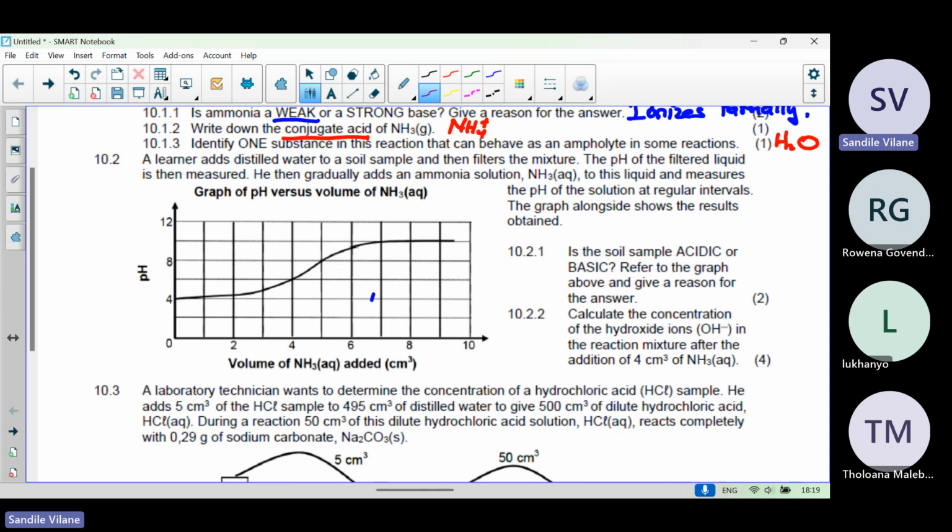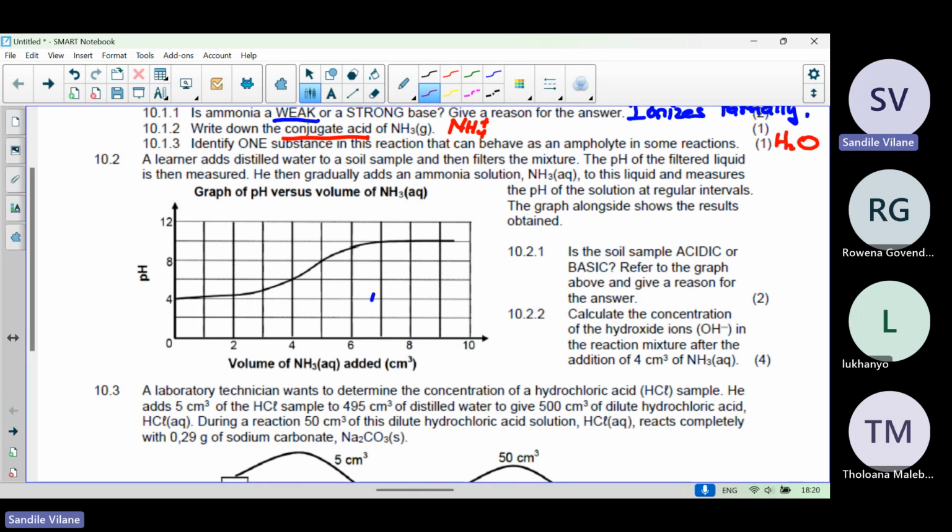Now they are saying that Elena adds distilled water to a soil sample and then filters the mixture. The pH of the filtered liquid is then measured. He then gradually adds ammonia solution to this liquid and measures the pH of the solution at regular intervals.